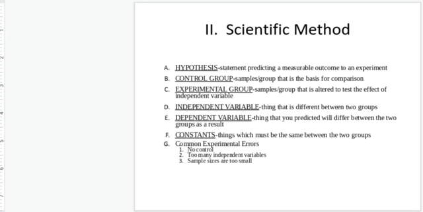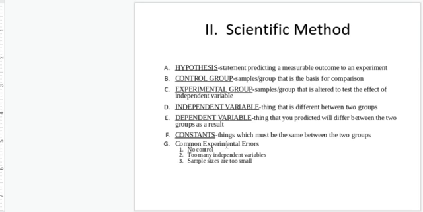A lot of questions on the Regents will ask for what was done wrong. They'll say, Mary wants to know if exercise increases pulse. And so Mary had a bunch of her classmates exercise and then took their pulse. What did she do wrong? Well, if she only had them exercise and take their pulse, she has no idea if the pulse went up with exercise because she didn't have a control.